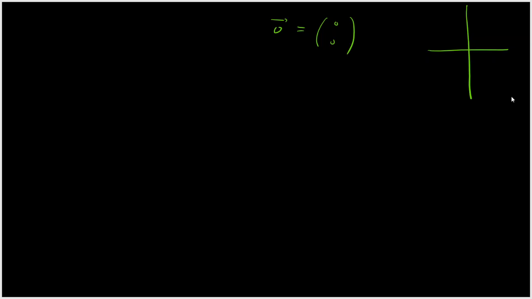If we interpret the vector as a position vector, so anybody want to tell me how to describe the position vector? To describe the vector, you have to tell me the direction and the length. Of course, the length is 0, right?